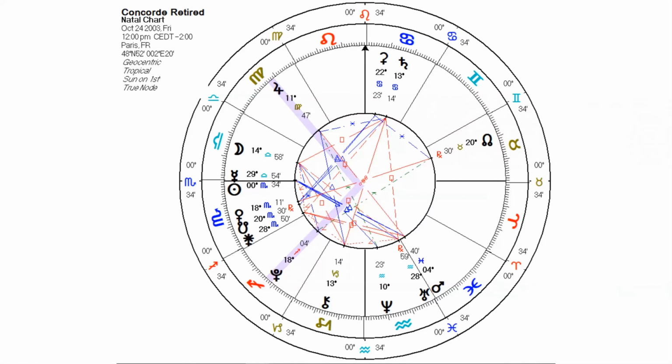I am pretty sure that if we research those dates, 1981 and end of 2007, early 2008, when Jupiter-Pluto cycles began, you'll see that there was probably something going on with the Concorde project during those years, because this project is immediately tied to that conjunction.